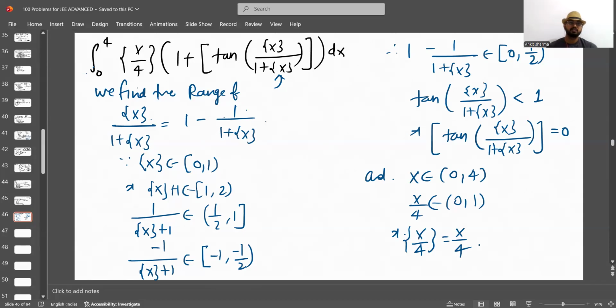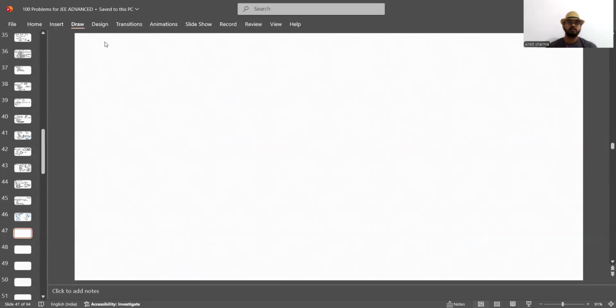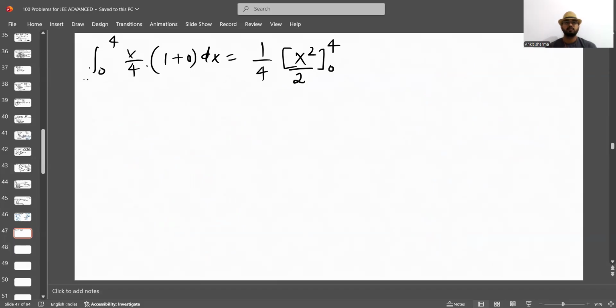So that means this integration turns out to be simply the integral from 0 to 4 of x over 4 into 1 plus 0, which is 1 over 4 will be down, and then simply the integral of x, no, not integral, limit, x square over 2, from 0 to 4. So this is going to be 1 over 8 here. And then 4 square will be 16 minus 0. So this turns out to be 2.